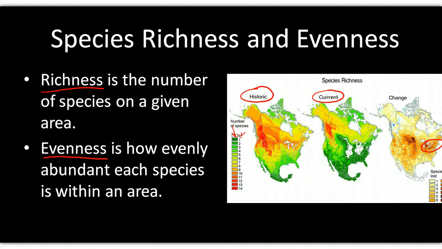If I use that example of 50, and I have a lot of singles of these trees, but a vast majority of the trees in the forest are pines or maples, then it's not very evenly split. You need a good representation of many trees to show that it is a diverse forest.